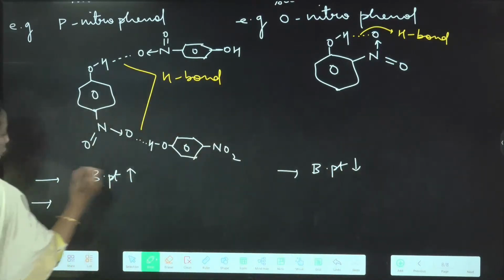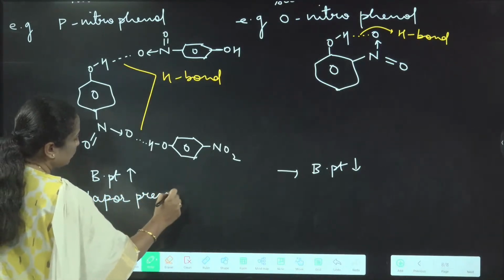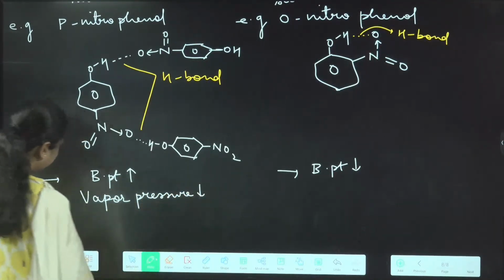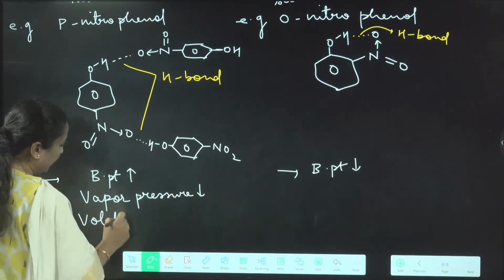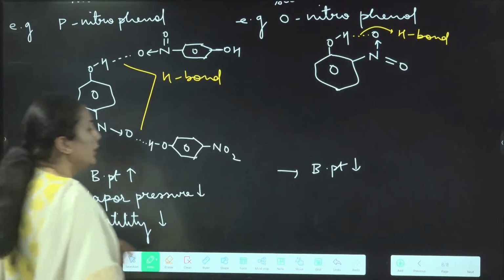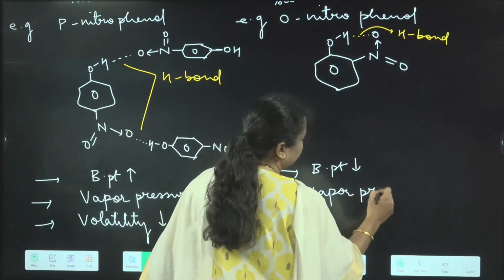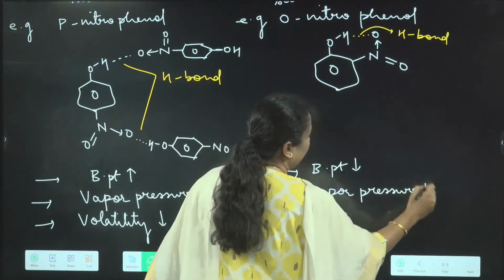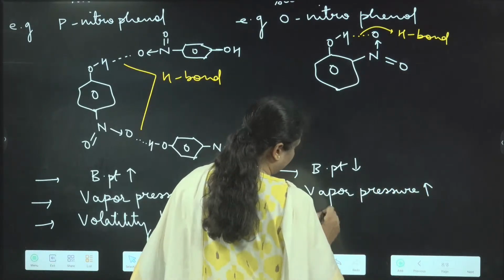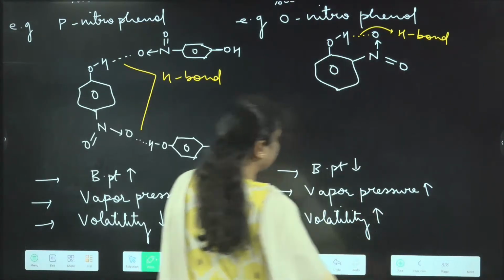Now, if boiling point is high, I say that the vapor pressure is low and the volatile nature, that is volatility, is low. Here it is the reverse. Vapor pressure is going to be high and the volatility is also going to be high. Try to understand this.